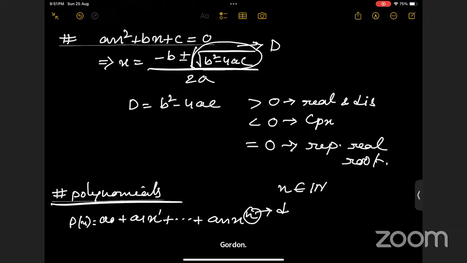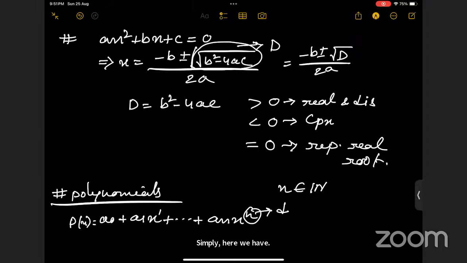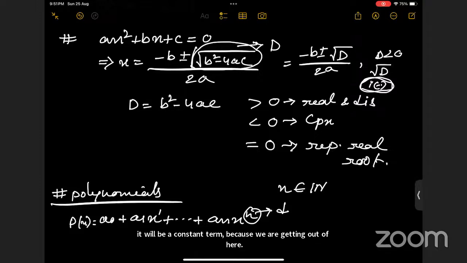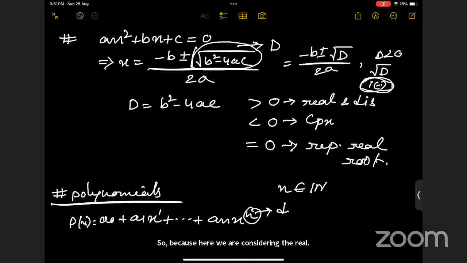Simply, here we have minus b plus minus root d by 2a, right? So if d is less than 0, root d will be iota into some number, right? So it will be a constant term because we are getting an iota here. Because we are working on the real line, we will not consider the complex root here.